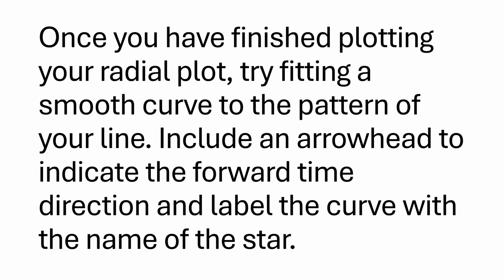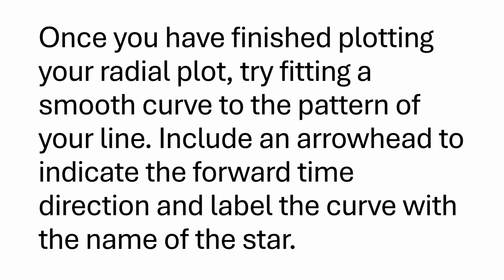Once you've finished plotting, you're going to want to draw a smooth curve to try to fit your data. This is not asking you to draw a straight line connecting the dots. It's asking you to draw a smooth curve that fits where the data's overall shape is.